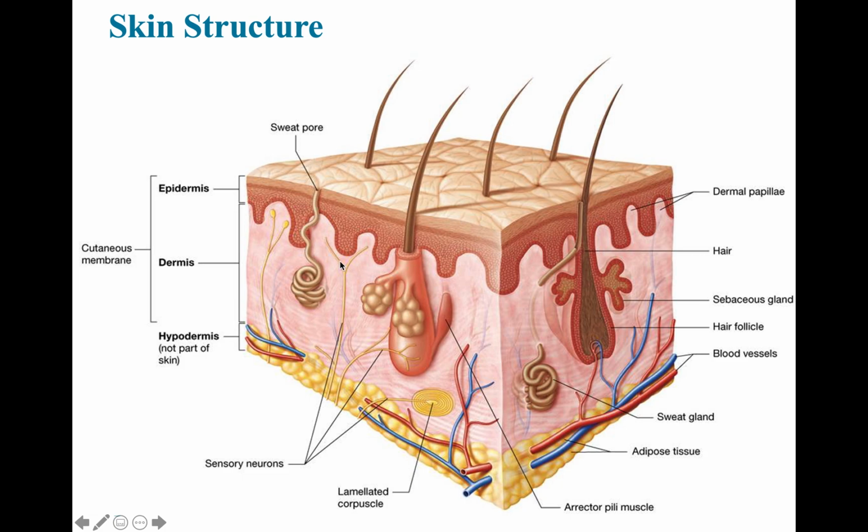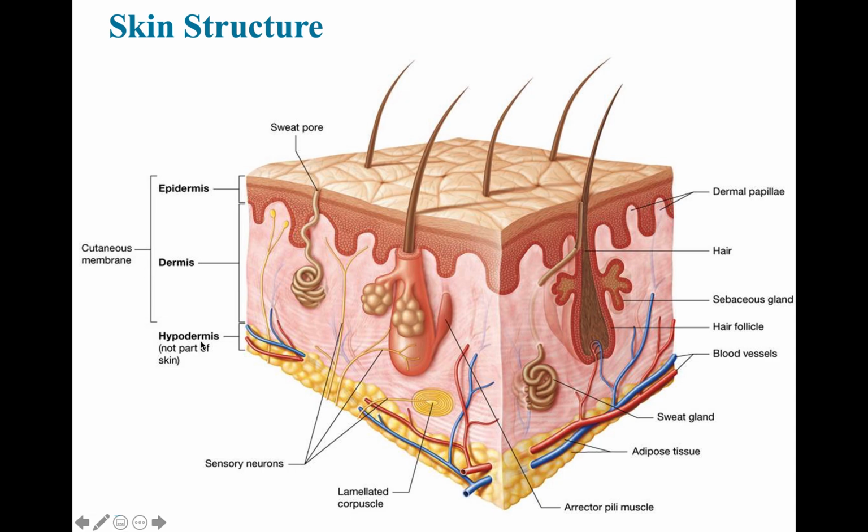And the bulk of the accessory structures of the integumentary system are embedded within the dermis. Okay, so the bulk of those accessory structures, we see hair follicles, sebaceous glands, sweat glands, all apocrine sweat glands, some nervous tissue structures. We'll talk about all these in detail as we go along in the chapter, but most of them are going to be embedded within the dermis of that cutaneous membrane of the skin.